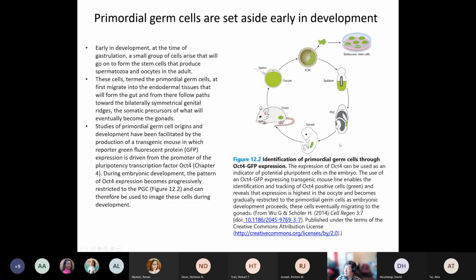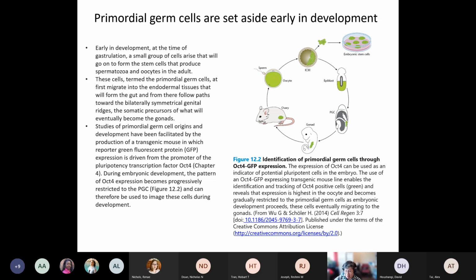So during their migration into the gonad, and later, once the primordial germ cells become the cells in the ovary, they will always express OCT4. So OCT4 is a marker of primordial germ cells. You can track primordial germ cells by labeling OCT4 with a GFP marker.